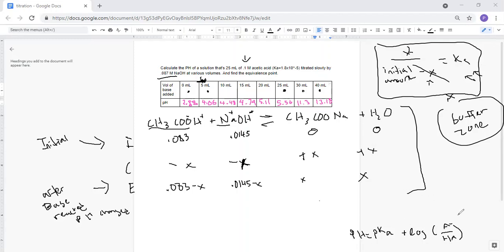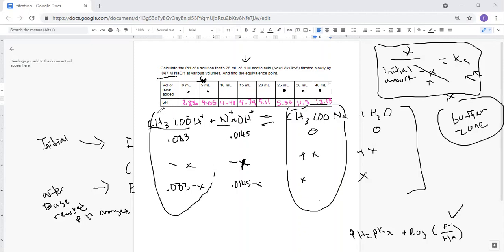So in order to find the amount of A minus, which is our conjugate here, and in order to find this, our acid after dilution, we're going to have to know what X is.